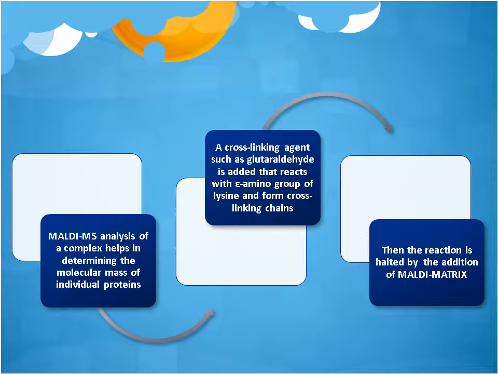MALDI-MS analysis of a complex helps in determining the molecular mass of individual proteins. In this process, a cross-linking agent such as glutaraldehyde is added that reacts with epsilon amino group of lysine and forms cross-linking chains. And finally, the reaction is halted by the addition of a MALDI matrix.